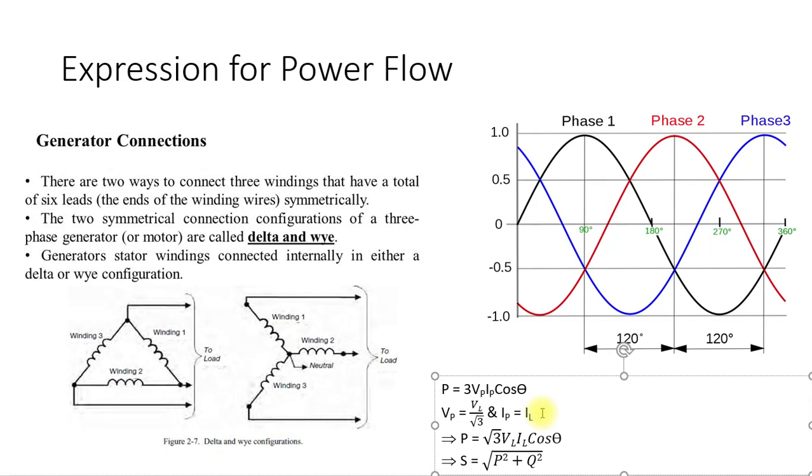So in other words, we can write the same equation, 3 Vp Ip cos phi, in line to line quantities as root 3 into VL into IL into cos theta, where the same theta is the angle between voltage and current. And at the end, the apparent power S will be equal to the square root of P squared plus Q squared.